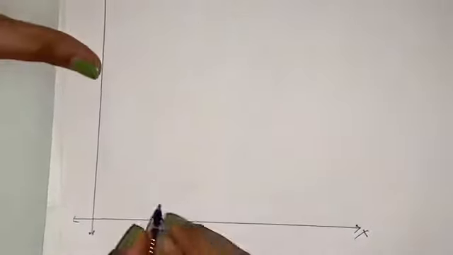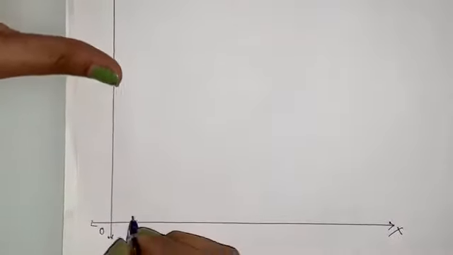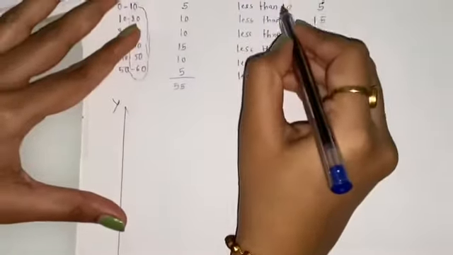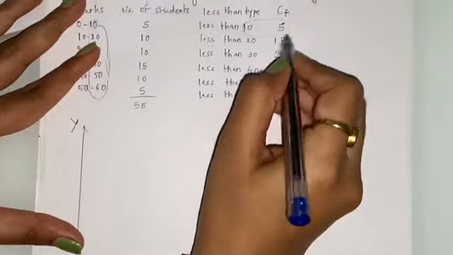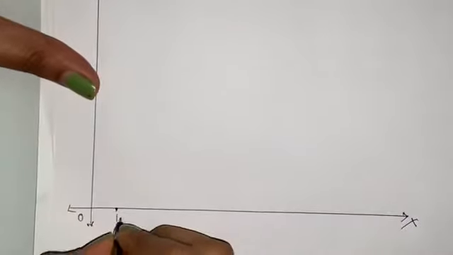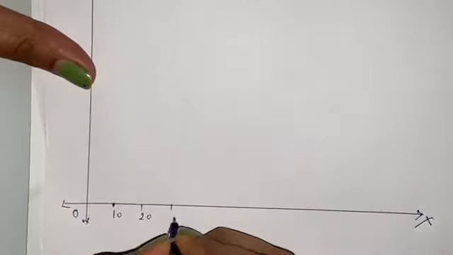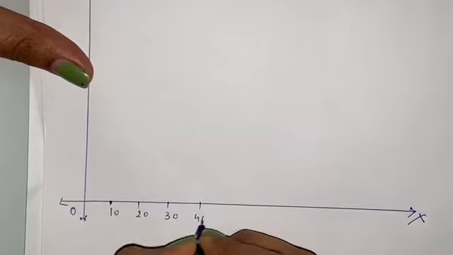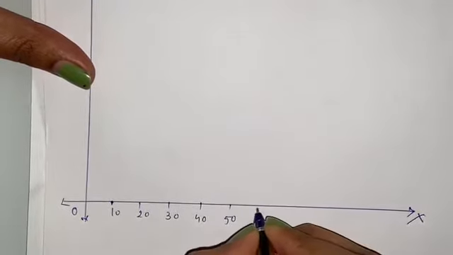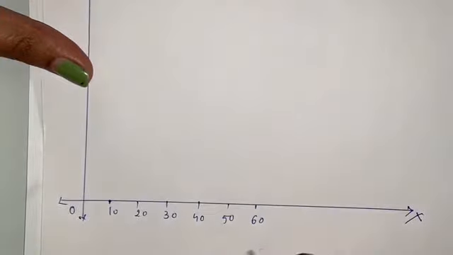Okay, so this is 0. This will be our coordinates. So I will take 10, 20, 30, 40, 50 and 60.